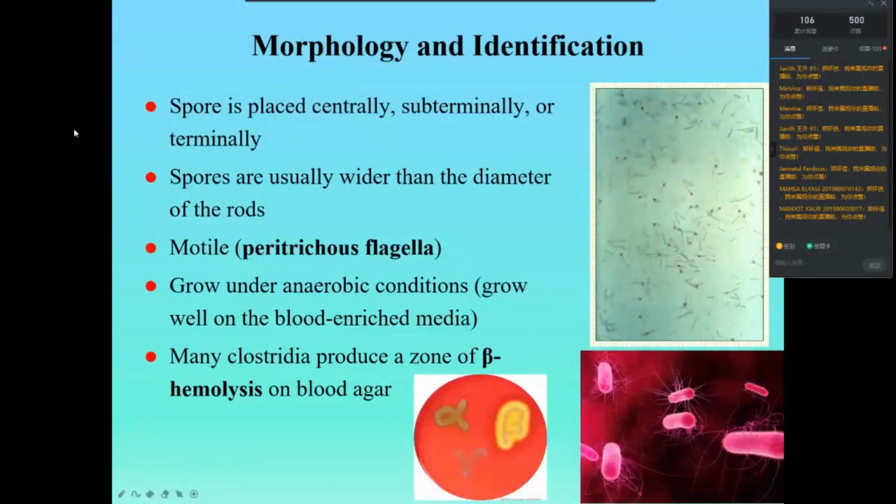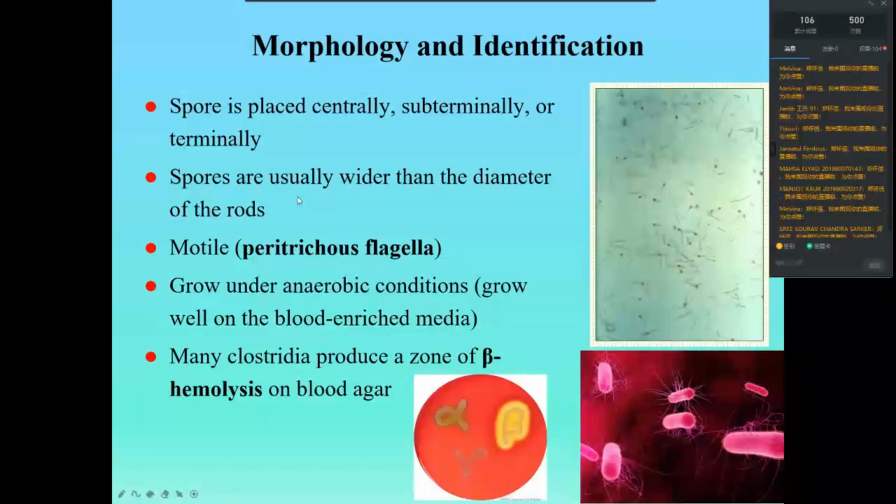And their morphology: first, they can form spores, but the location of the spores is different. Some are at the center, some are close to the terminal, what we call subterminal, and some are exactly at the terminus, so they are terminal spores.